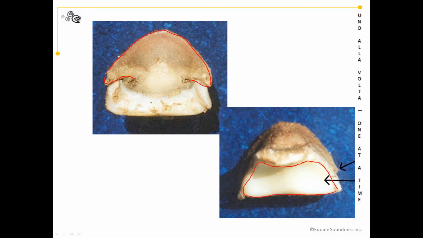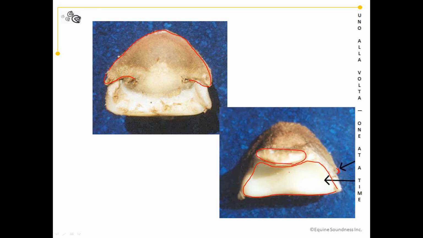But as you can see, this here is the palmar process. It is actually sitting under the surface of the short pastern bone. So there's not a lot of support yet. But also this bone does not yet have to carry a lot of weight. There's only a tiny body on top of it.